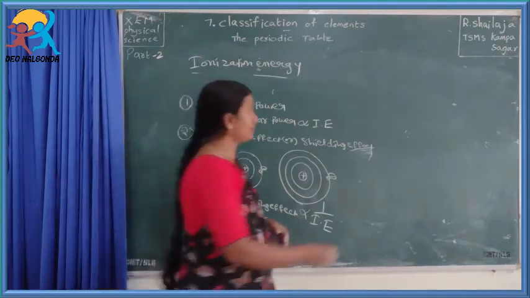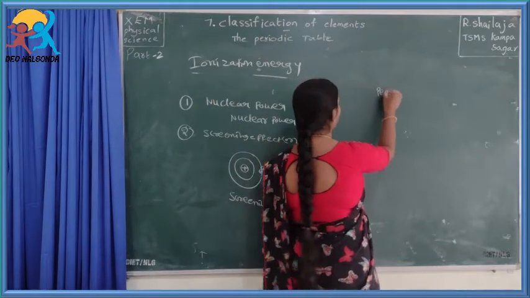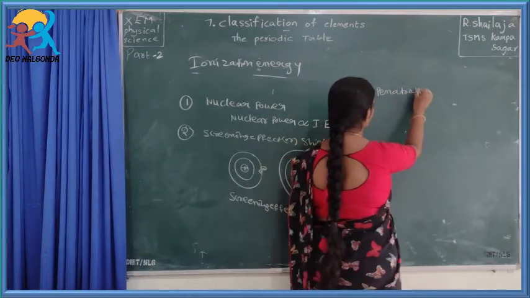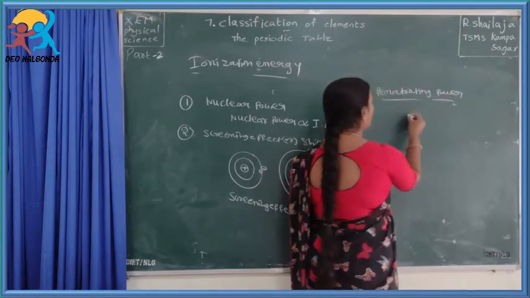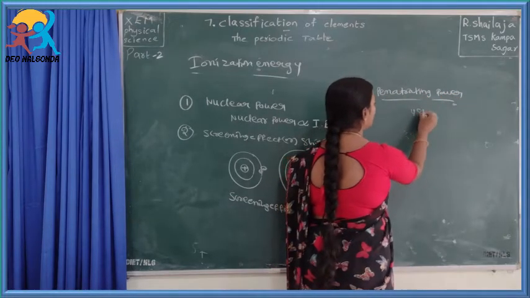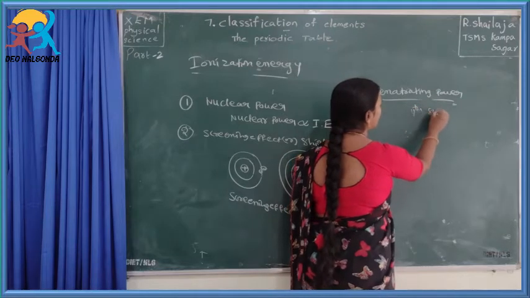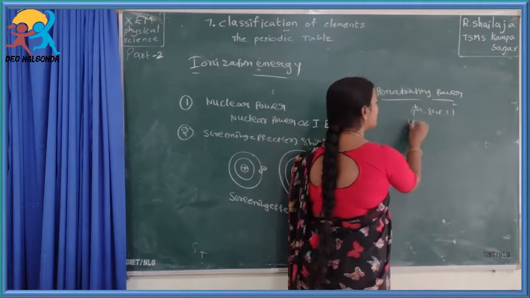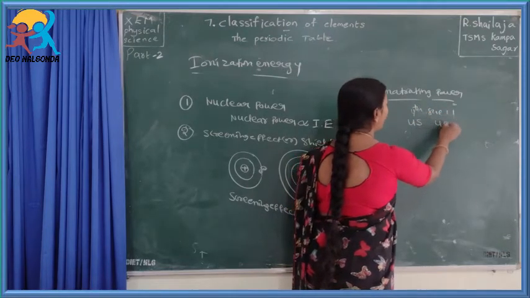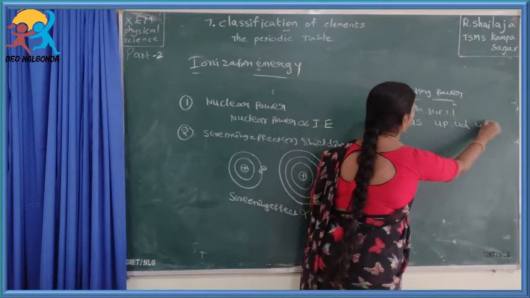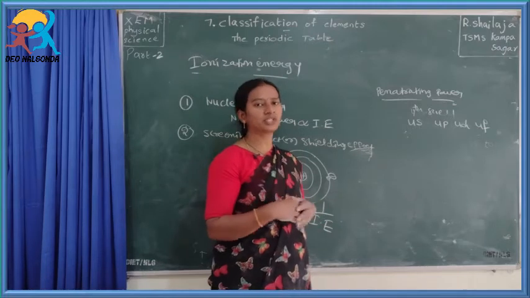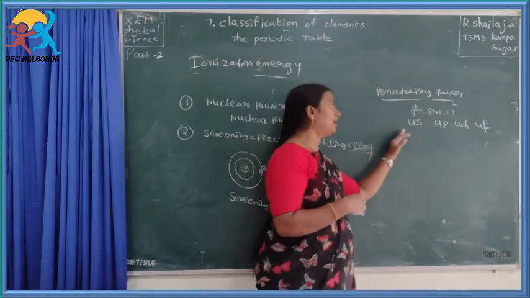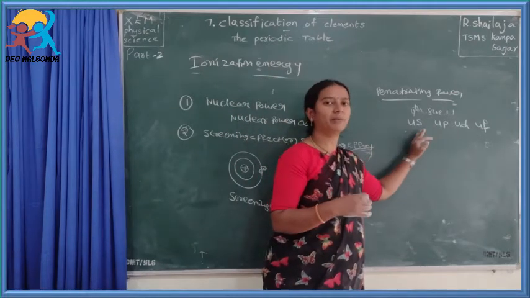Okay, and next, penetrating power. Suppose the fourth shell has 4 subshells: 4s, 4p, 4d and 4f. If any electron is removed from the fourth shell, it may be from an s, p, d or f orbital.